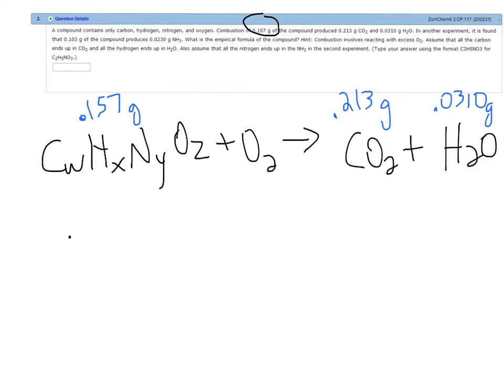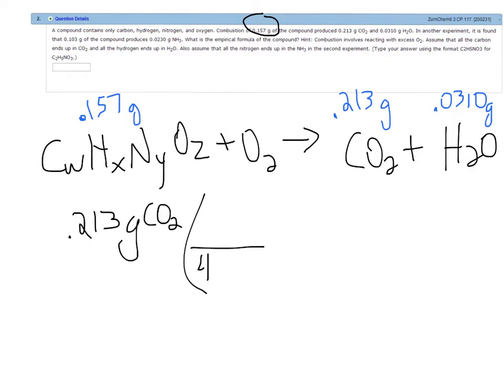So let's start by saying 0.213 grams of CO2. And we'll multiply by the mass percent of carbon within CO2. If you were to find the molar mass of CO2, you would look up the atomic weights of oxygen and carbon. You would multiply the oxygen atomic weight by 2. So 16 plus another 16 plus 12 gives you 44 grams of CO2 in a mole.